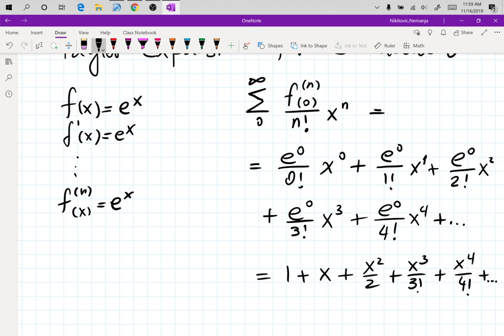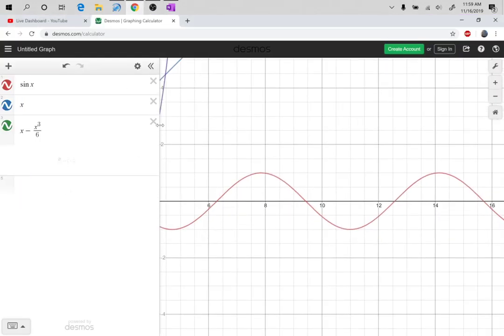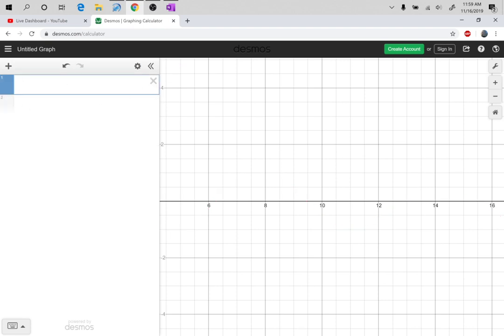And now we can go quickly to Desmos and take a look at this polynomial following the e to the x function. So now we're going to jump back to Desmos, kill all of these, and start from scratch.